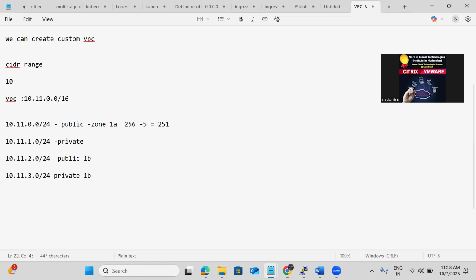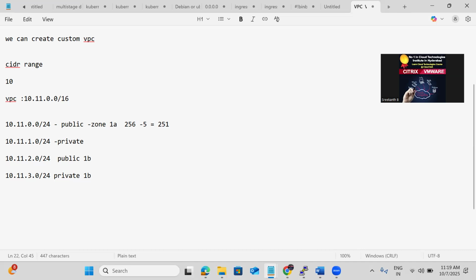If you use /20, how many IPs are we getting? 2 to the power of 12.